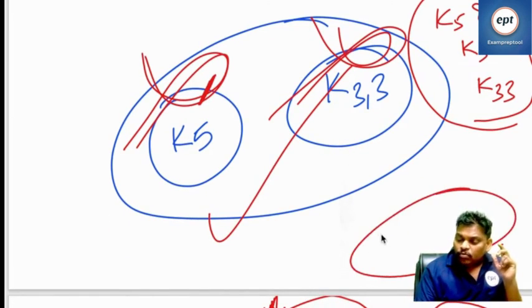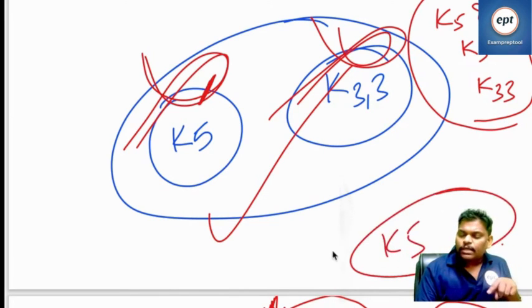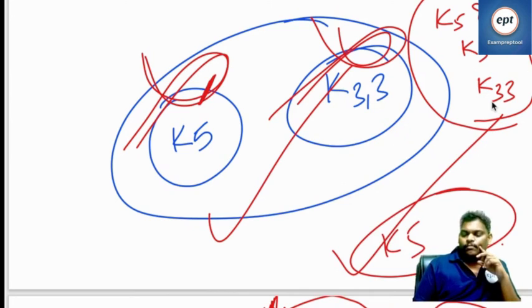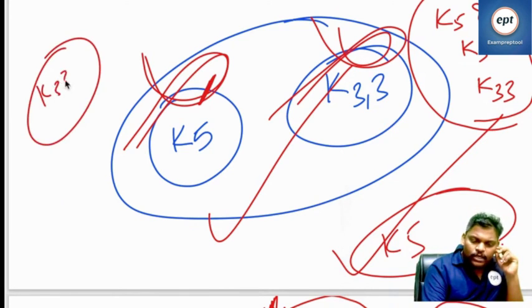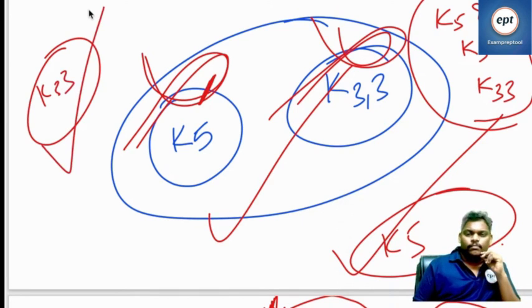But if only K33 is there, or only K5 is there, option 1 says it is planar. No, neither K5 nor K33 should be there.